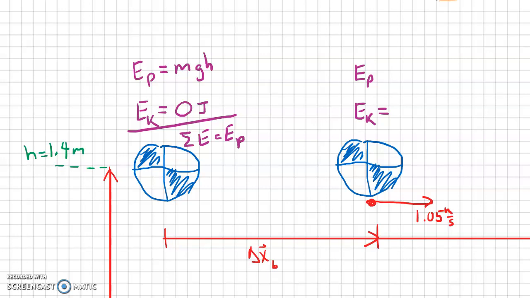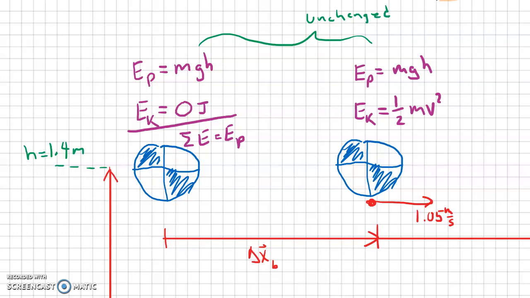Yes, it is moving, so it will have kinetic energy given by this equation right here. Also, it will have potential energy, mgh, and since this is the same height, this is going to be unchanged, because we're not raising and lowering it at this point.